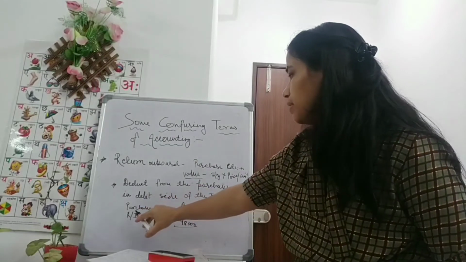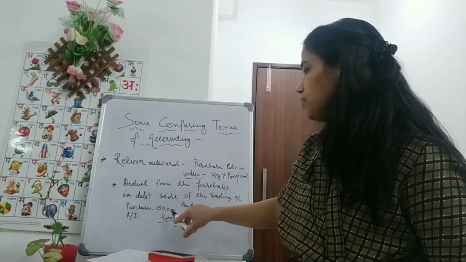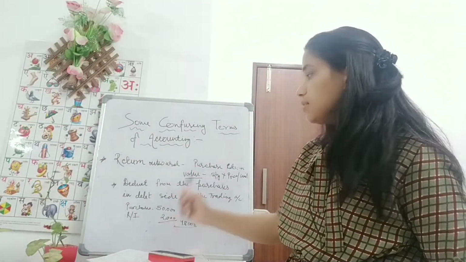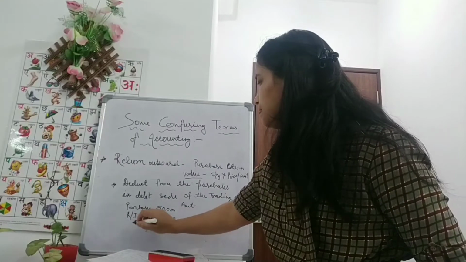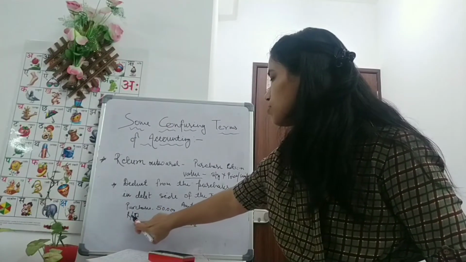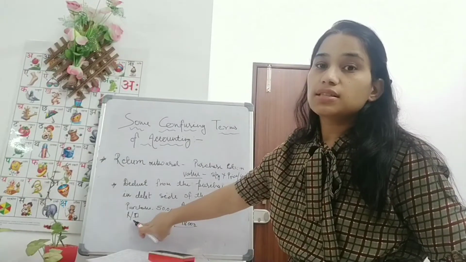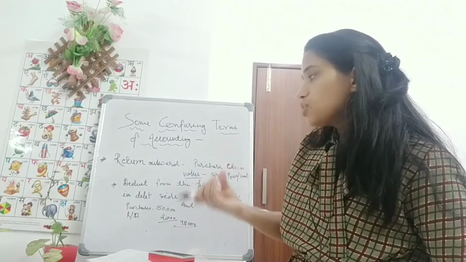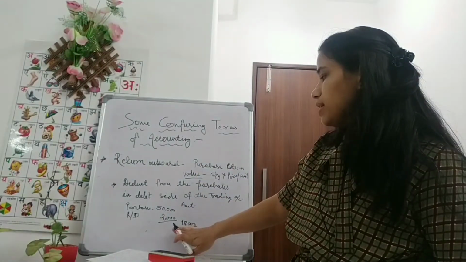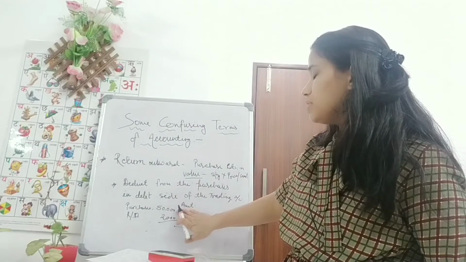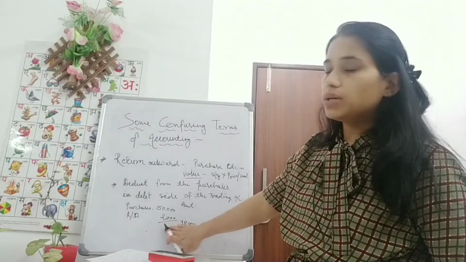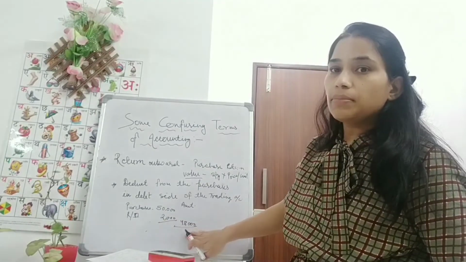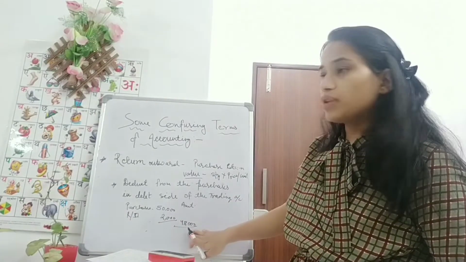See, if the total purchases we did for a particular financial year is 50,000 rupees, and we return some of these purchases, say the purchase return value is 2,000 rupees, then the actual purchases amount will be recorded as 48,000 rupees. 50,000 minus return outward 2,000 rupees, then the net purchases that will come in the main column of the trading account will be 48,000 rupees.